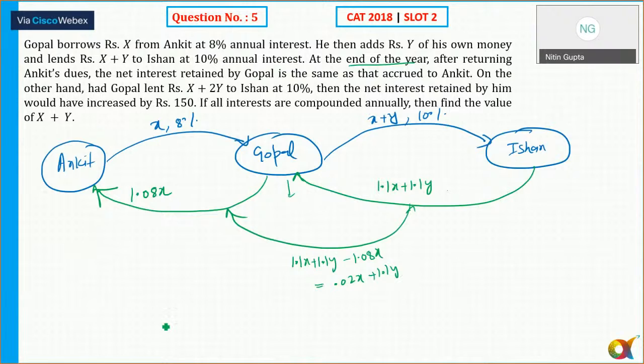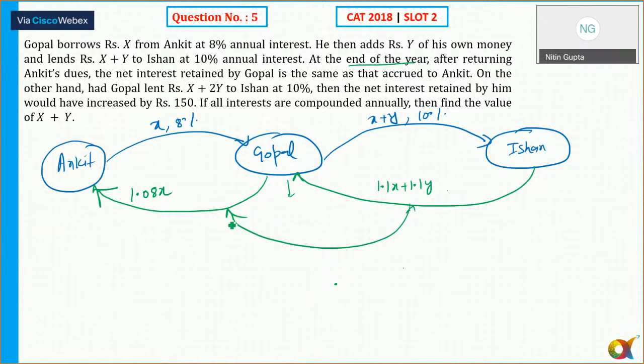Now it says at the end of the year after returning Ankit's dues, the net interest retained by Gopal is the same as that accrued to Ankit. So it is talking about the net interest. That is very, very important. So I'll take the net interest here.